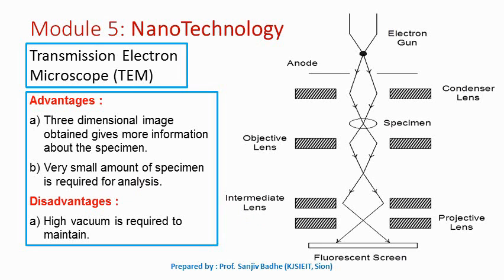Actually, only two-dimensional images can be directly obtained with a transmission electron microscope. So this is a limitation, but we can overcome this and obtain a three-dimensional representation of the specimen by acquiring consecutive images while rotating the specimen through a tilt arc. Of course, it requires very high precision and hundreds of images need to be taken.